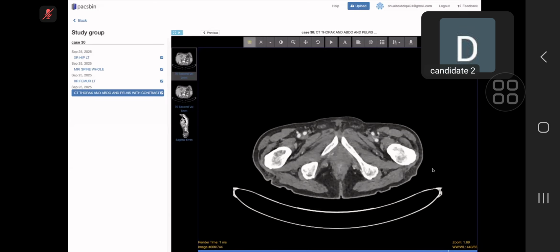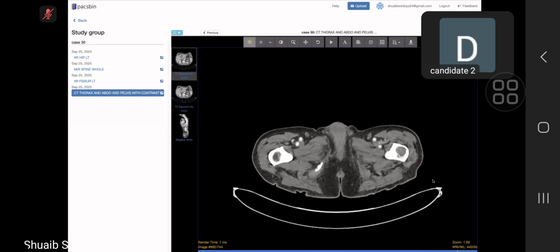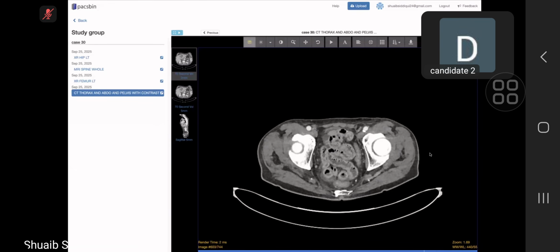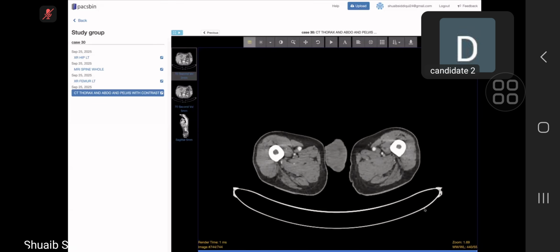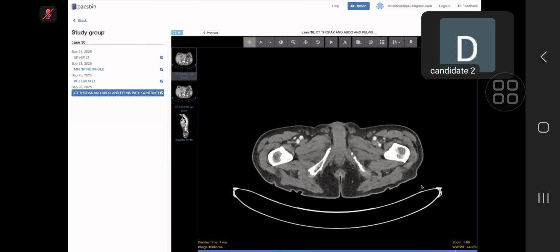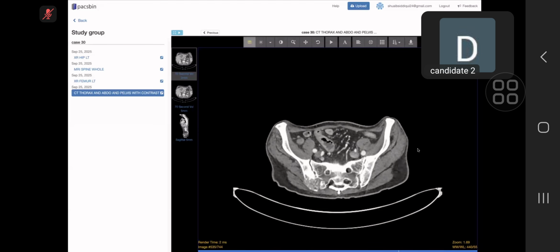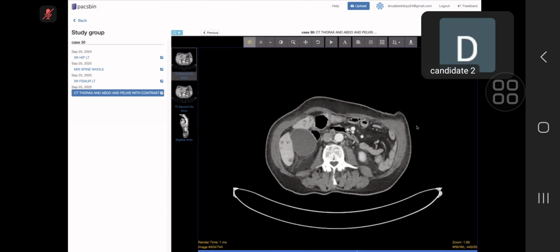The CT does not involve maybe. I want to look for the lesion also in the bone window. However, I will first look for the main finding.